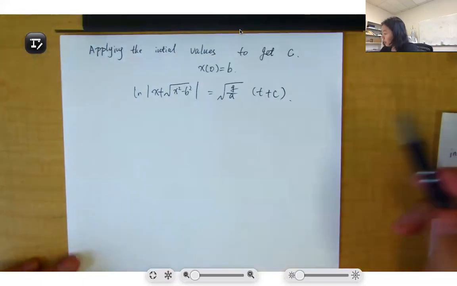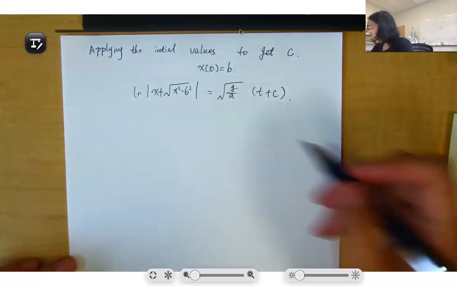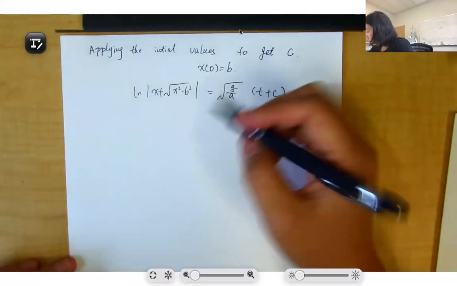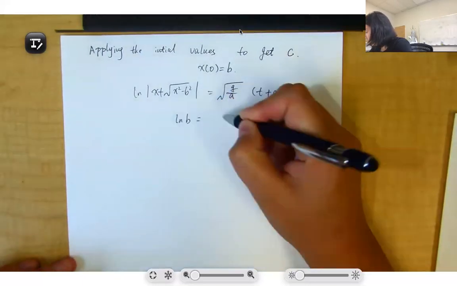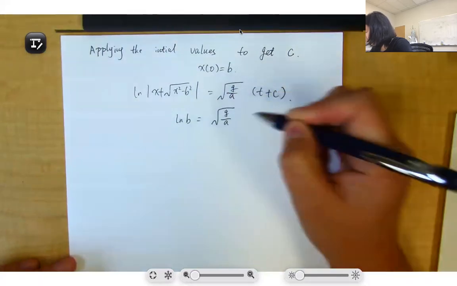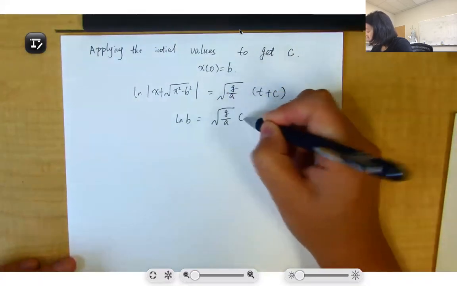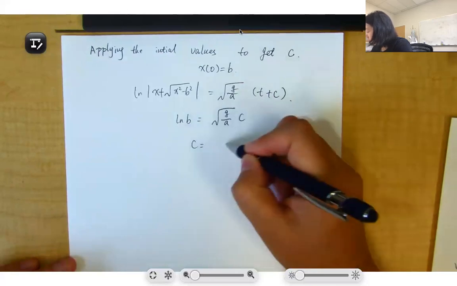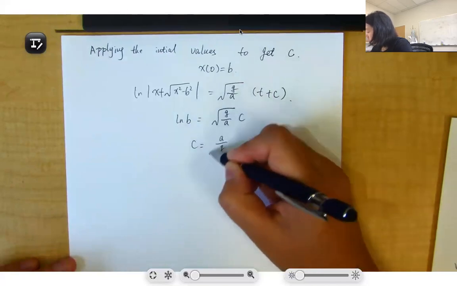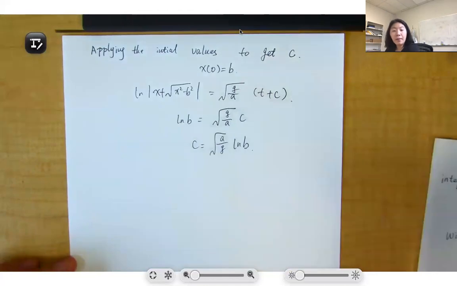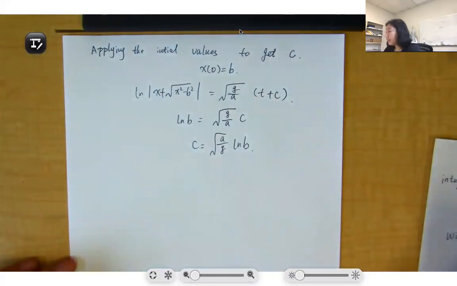So when t equals 0, we get ln b equals c. So our constant will be ln b. Okay, so that is our constant.